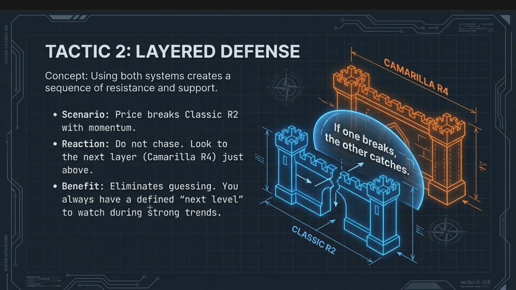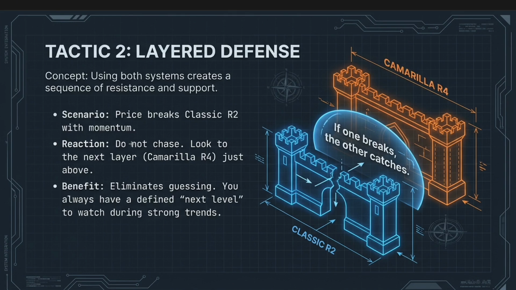But of course you wait for some confirmation and there is none. Price broke through that second classic resistance, and that's okay. You check the chart and you see that there is resistance from Camarilla just above this classic second resistance.